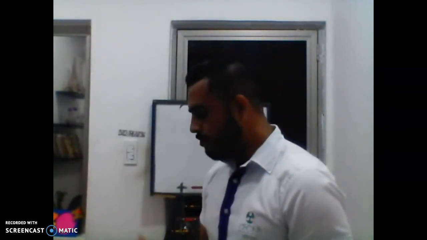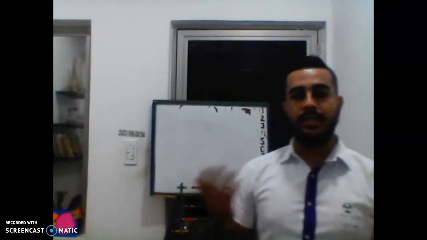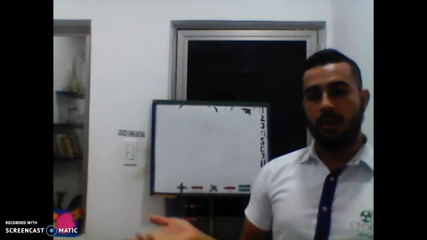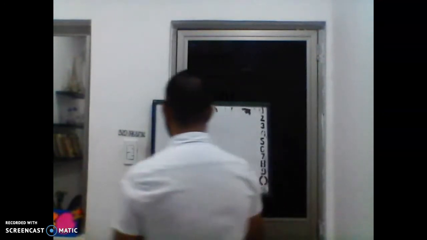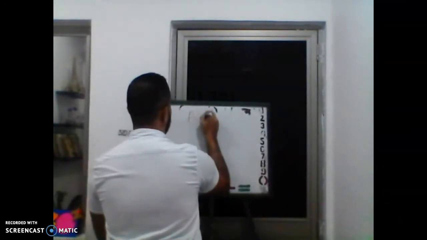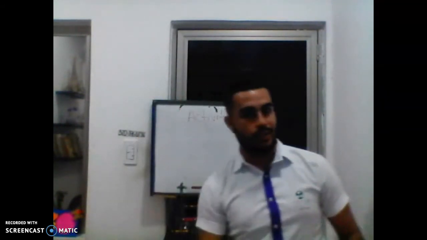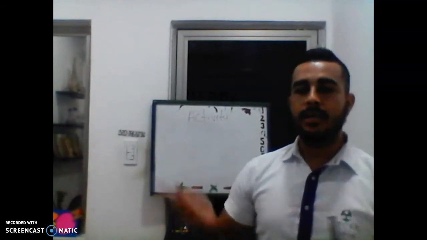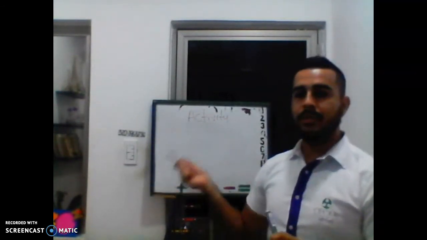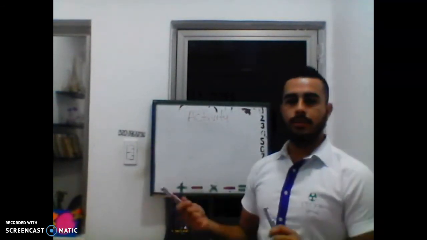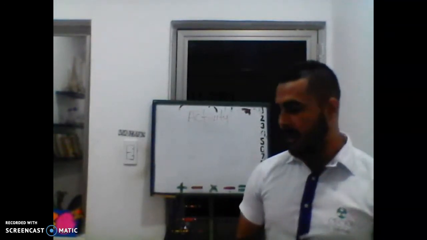So, I'm going to do an activity. That's very easy, guys. Well, in this activity, we are going to complete the sentence with the verb and the nouns, taking into account the picture. How, teacher?